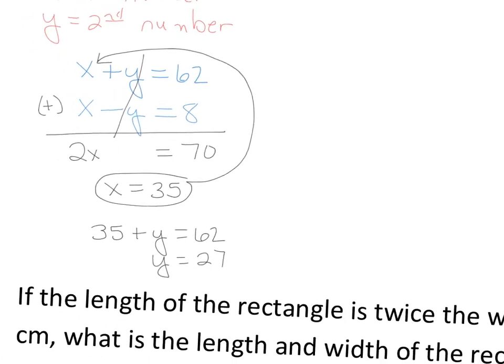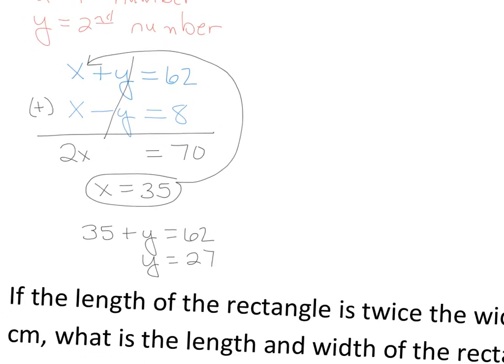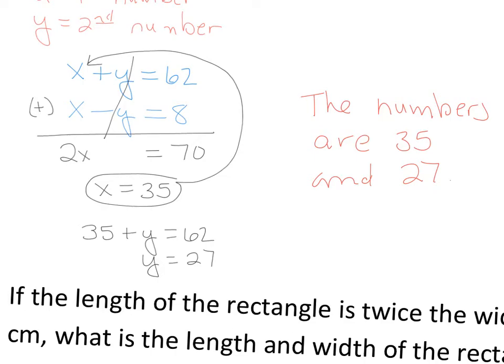In this case, this is just a basic problem. You're going to say the numbers are 35 and 27. Nothing too fancy here because this is a pretty basic problem.